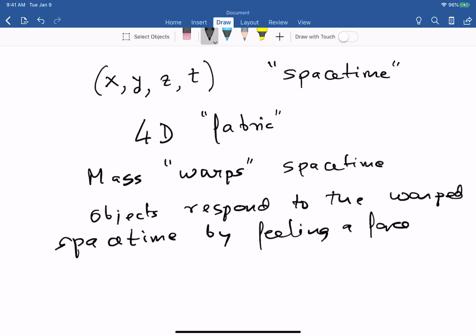So essentially, the summary of all this is that what we consider a gravitational force is not really a force at all. It's basically an object responding to the warping of space-time, right? So this is the general theory of relativity.